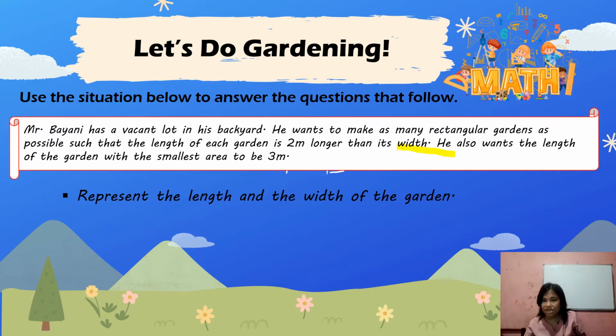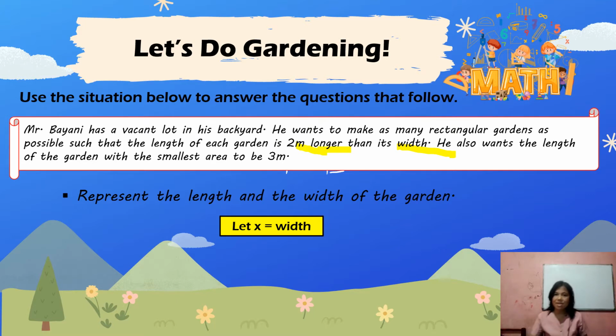It's very clear that the last being mentioned is the width, so let x be your width. If the length is longer by 2 meters, that must be x plus 2, and that's going to be your length. So you already have your length and the width, so you have your representation now.